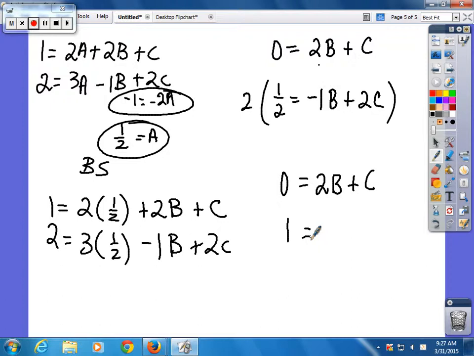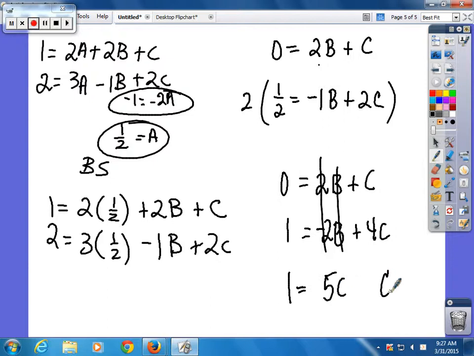What's 2 times negative 1B? What's 2 times 2C? And what happens to the Bs? Cancel. And you get 1 is equal to 5C. Therefore, C is equal to what? 1/5.